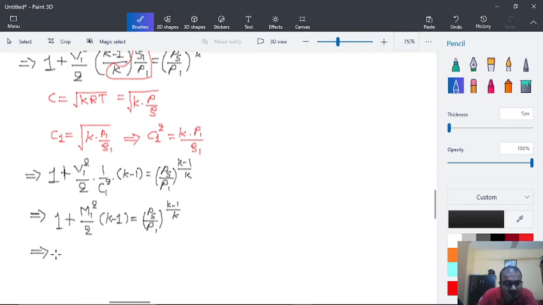So this implies that PS upon P1 is equal to 1 plus M1 square upon 2 into K minus 1, raised to K upon K minus 1.